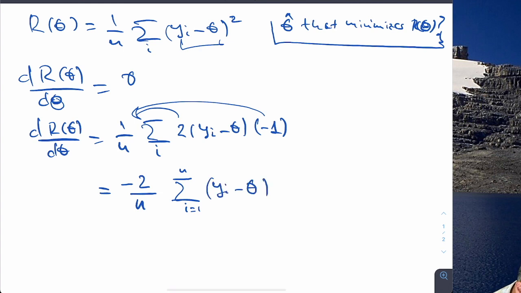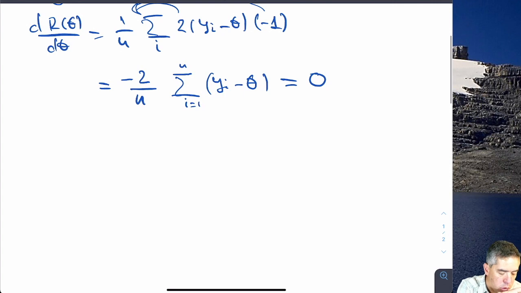minus theta. And now we want to ask, how can we make that be equal to 0? Well, the minus 2 over n doesn't matter, because it's a multiplicative constant that can't be 0. This whole term is the product of two things, minus 2 over n times the sum. And for the product of two quantities to be equal to 0, at least one of them has to be 0.